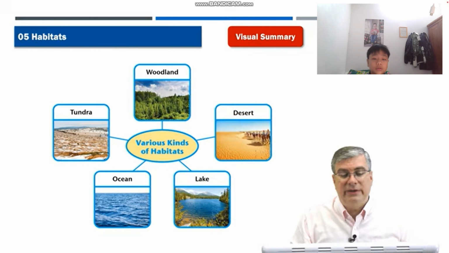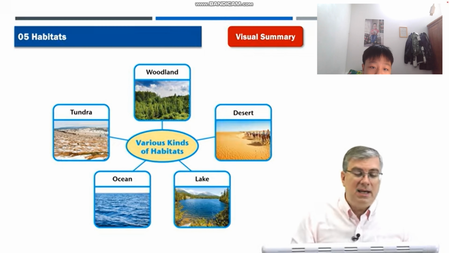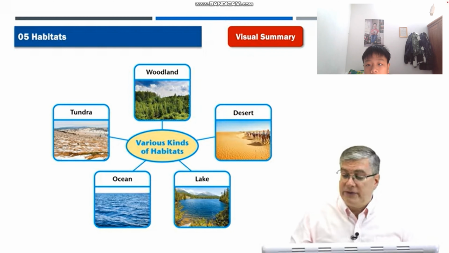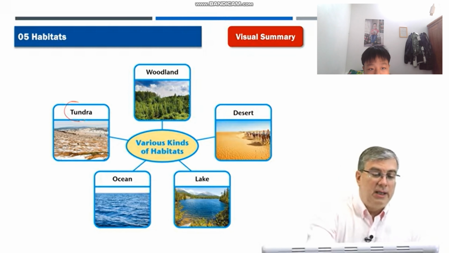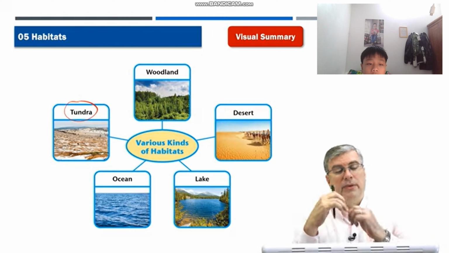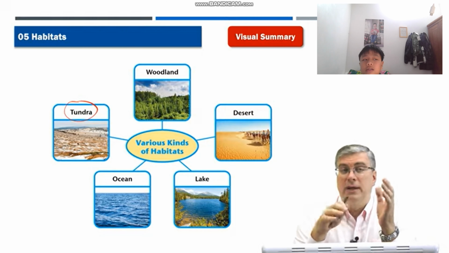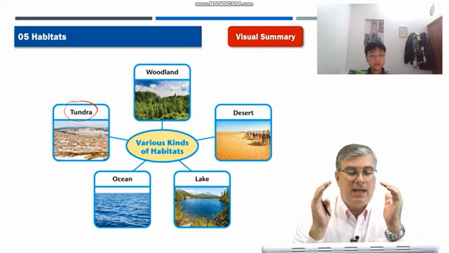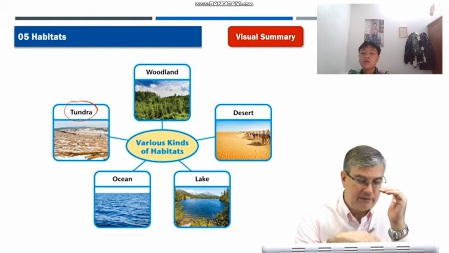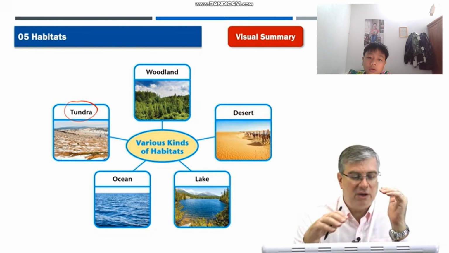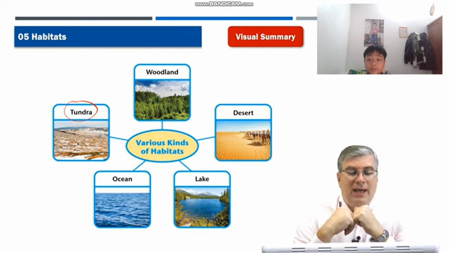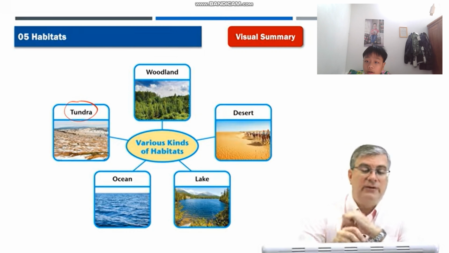Okay, now we're talking about various kinds of habitats. First is tundra. Tundra, as we know, is a habitat that is usually flat, white, and has no plants. Okay, now we'll talk about woodland. Woodland is a habitat that has a lot of trees, and it sounds like a forest. Why?